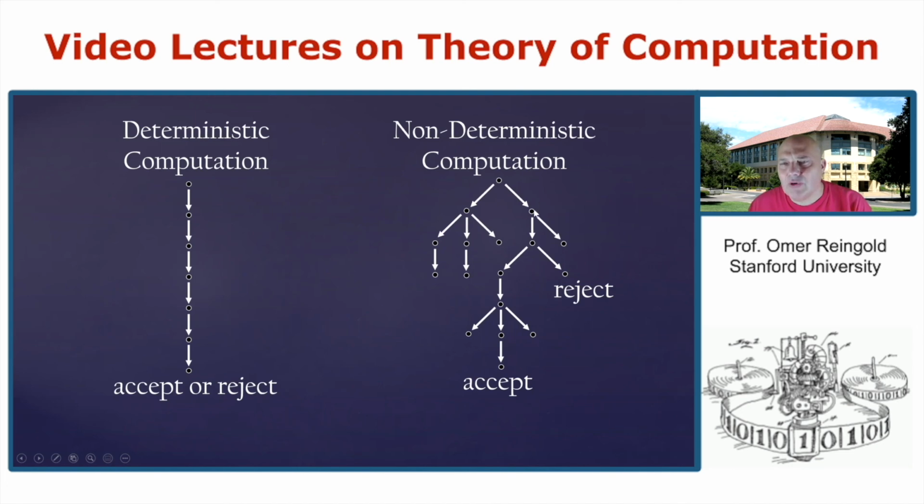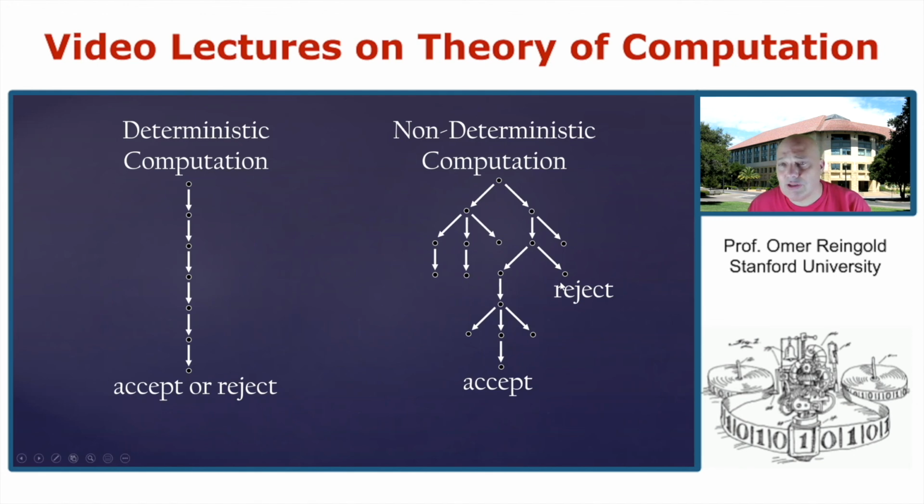At every point, you may have more than a single thing to do, and at some point you get stuck, you have nothing to do. And then in the leaves, you reach accept or reject. And the question is whether there exists an accepting computation. There could be for every input an accept and a reject computation, but as long as there is an accepting one, then you're going to accept.